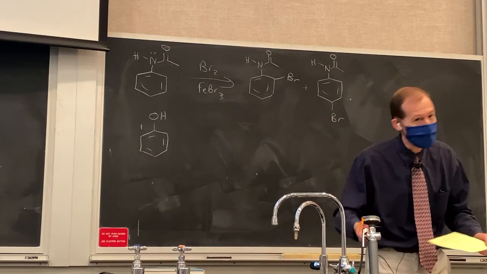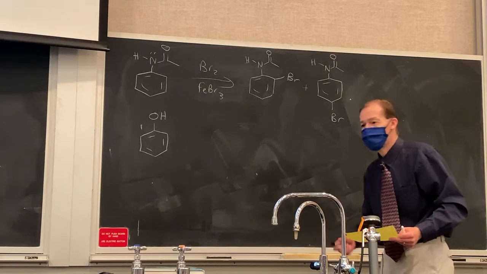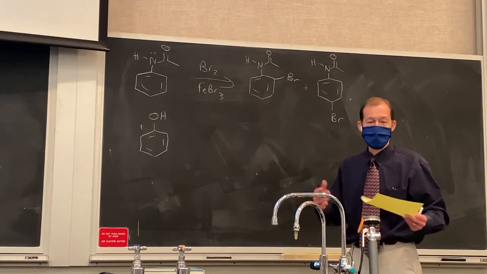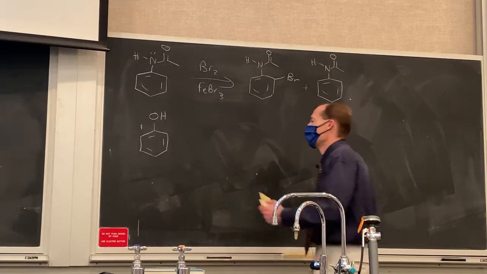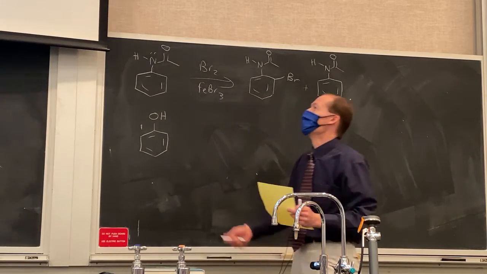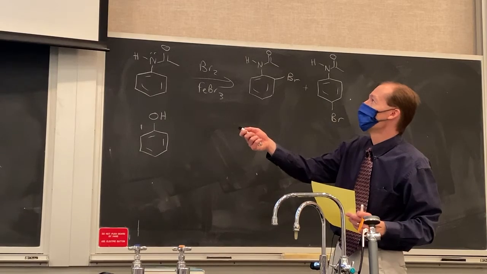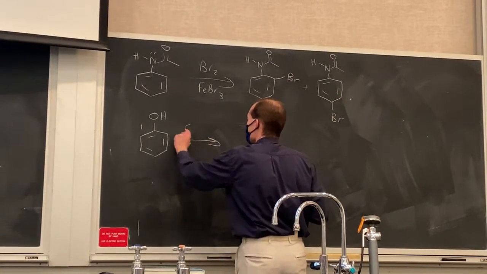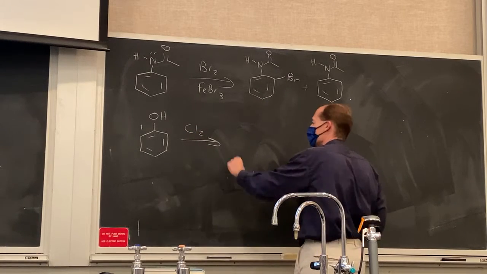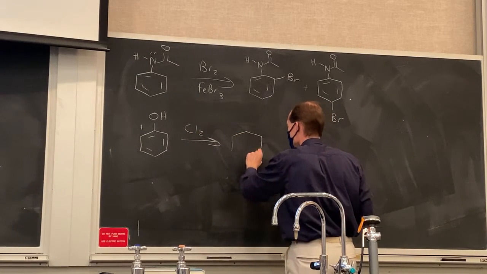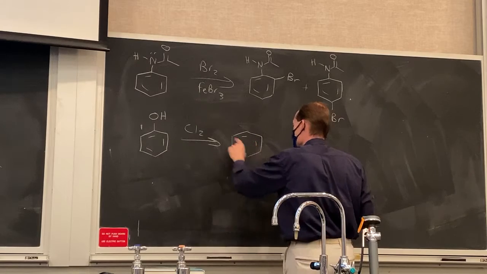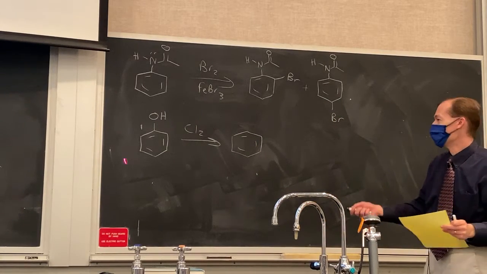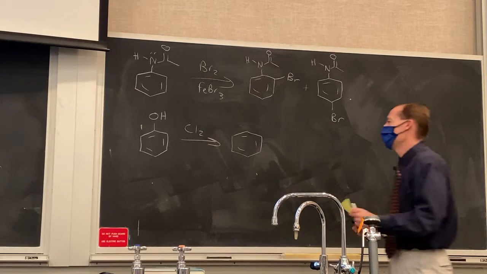We didn't need any Lewis acids to activate those halogens. Now, with a normal benzene ring or a moderately activated benzene ring, we do need the Lewis acid. But if we have a strongly activated benzene ring, one with either an ether, an alcohol, or an amine attached, we can react that directly with a halogen, chlorine or bromine. And that halogen is electrophilic enough that the strongly activated benzene will attack it directly without the aid of a Lewis acid.